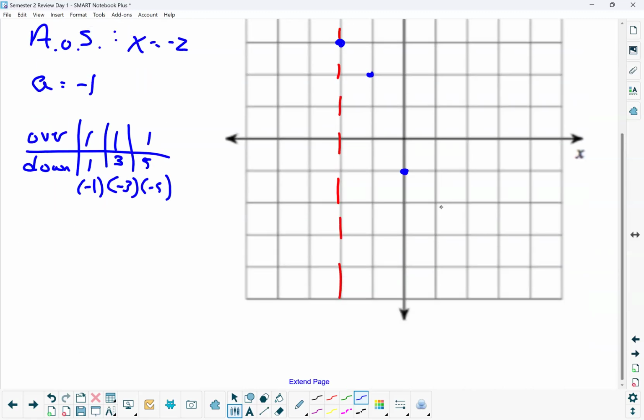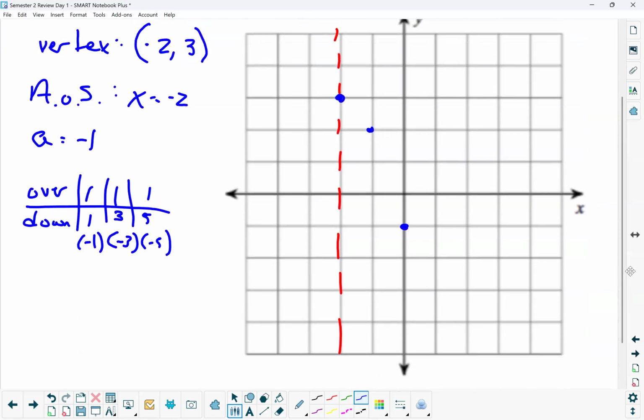And over 1, 1, 2, 3, 4. I can't go down 5. Because of that axis of symmetry, we get the mirror image on the other side of the graph. And so we get a graph that looks like this and a graph that looks like that.